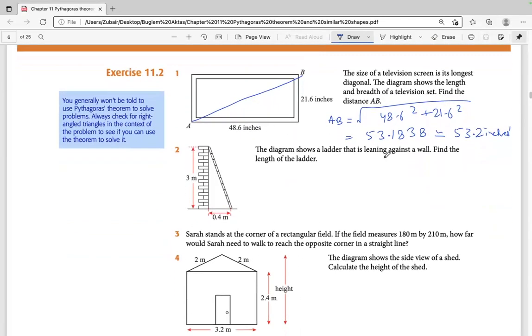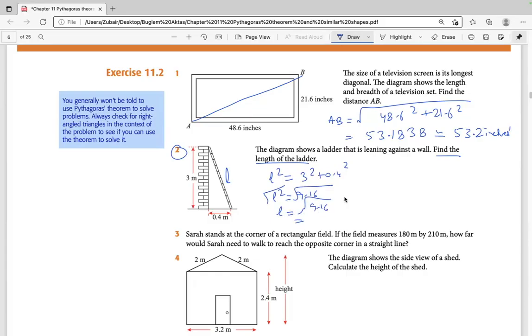What would be the answer for question 2? Find the length of the ladder. Length squared equals 3 squared plus 0.4 squared. Length squared equals 9.16, square root both sides.